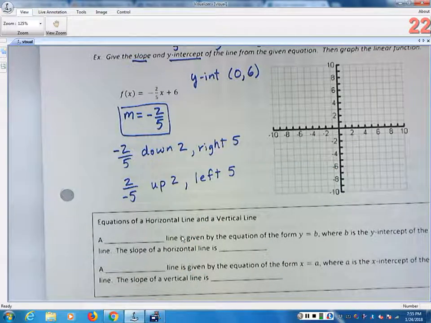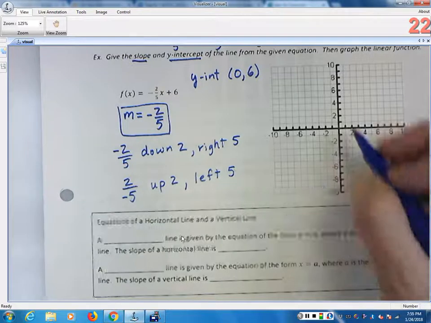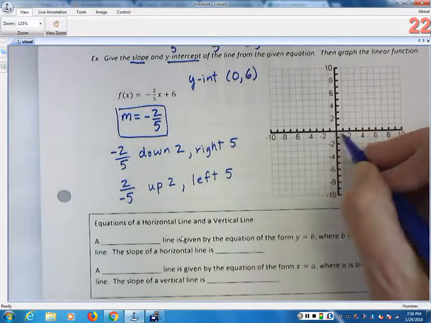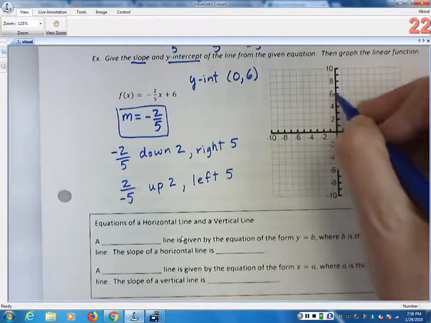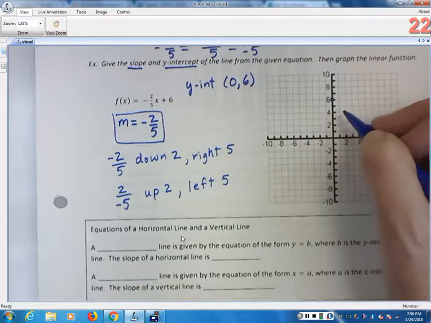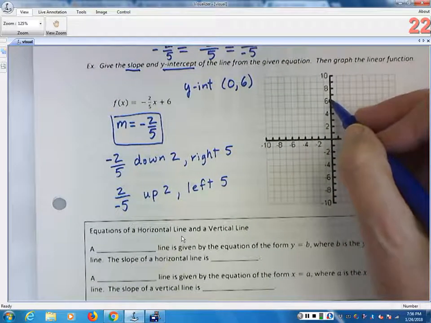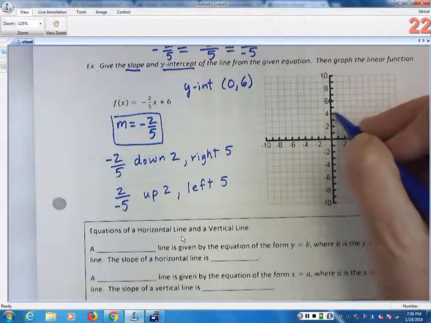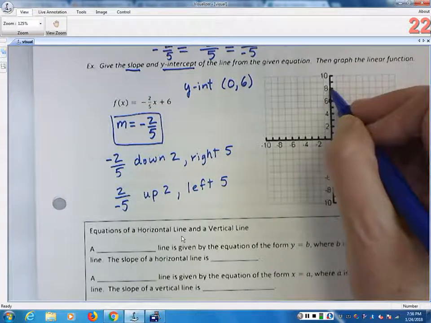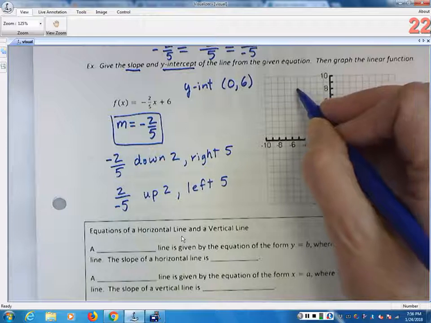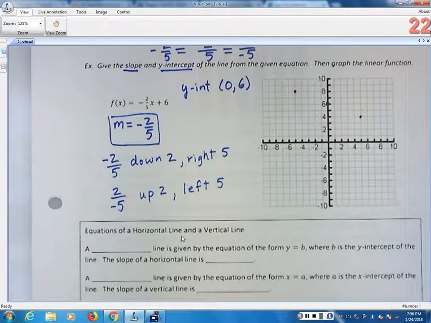Okay? So we start at the y-intercept. Graph (0, 6): you go to the origin, you go left to right 0, and up 6. There it is. Now you can go down 2 and right 5, or you can go up 2 and left 5. And then you connect it with a straight line.